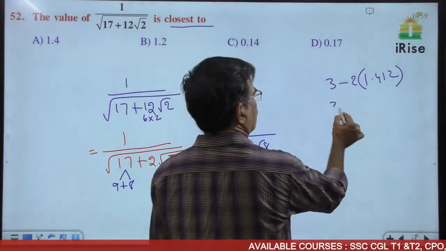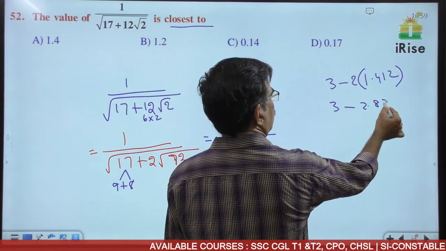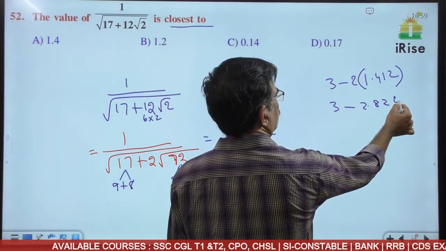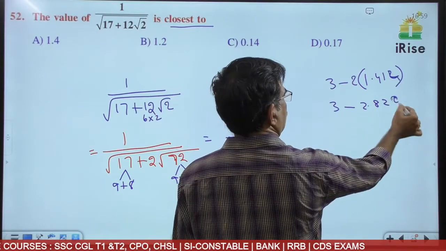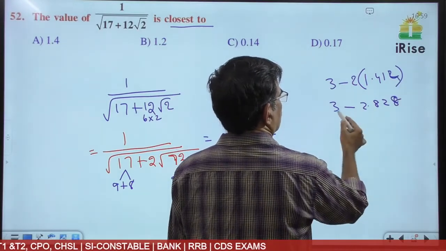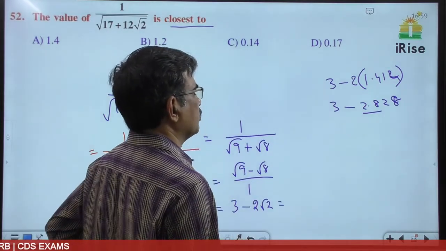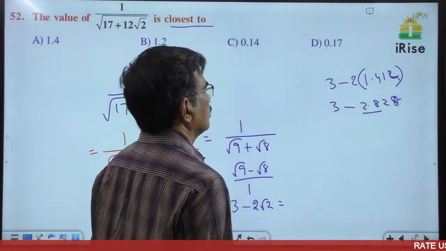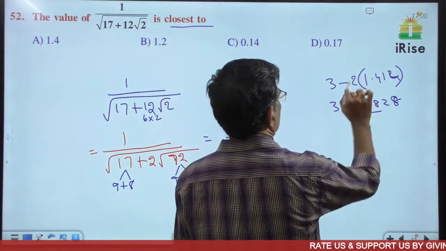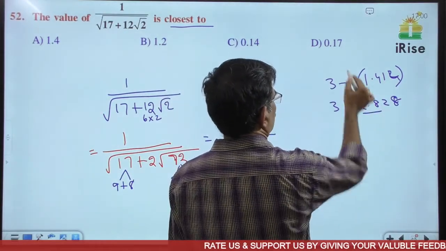This is 3 minus 2.828. 3 minus 2.8 itself is 0.2. Okay, this is nothing but nearer to 0.2.